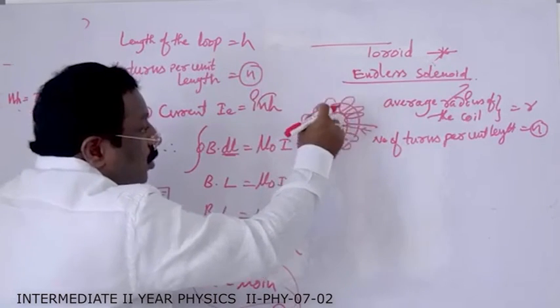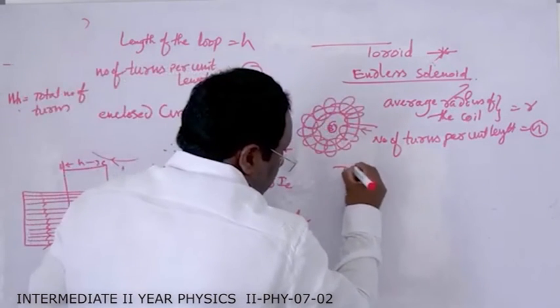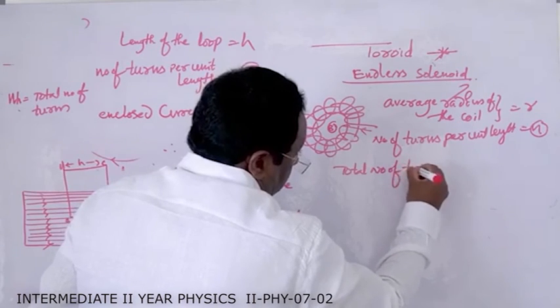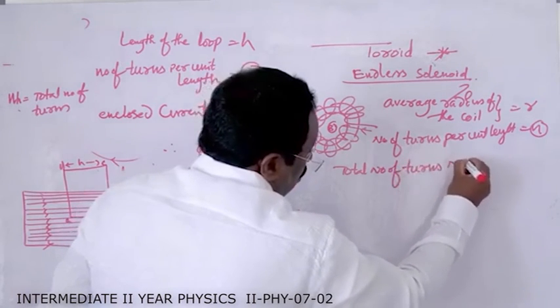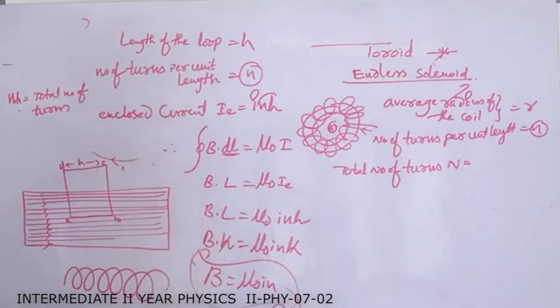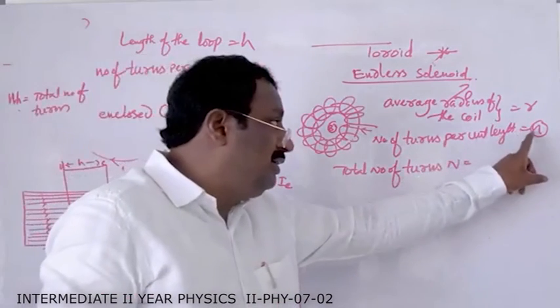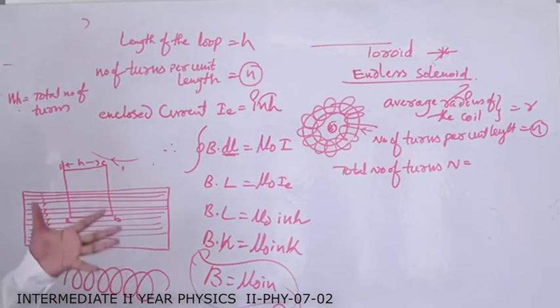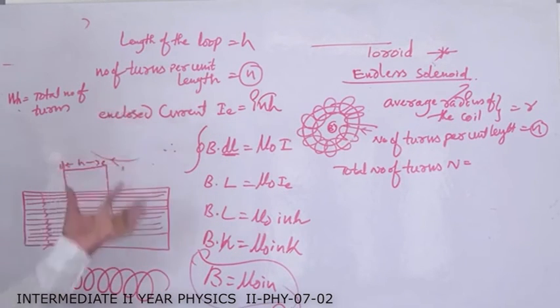Now I want the total number of turns. Here small n is the number of turns per unit length, but I want the total number of turns in the toroid.